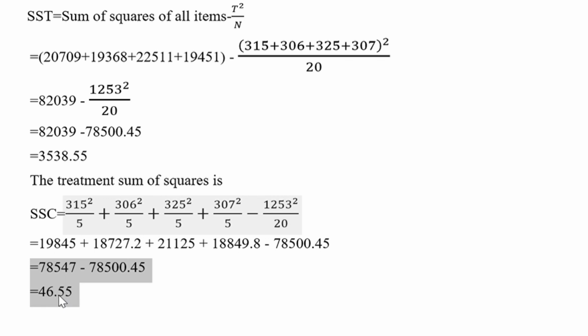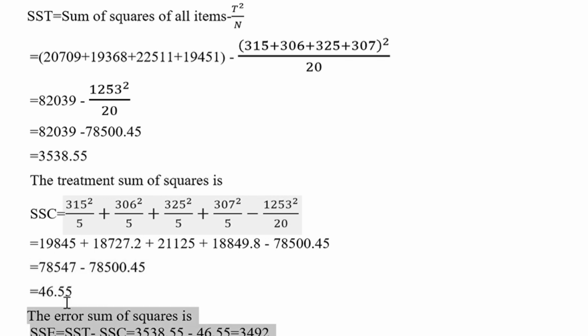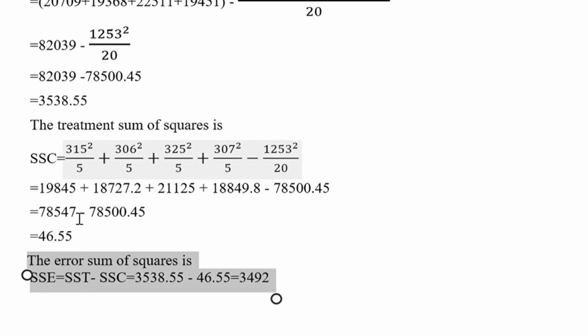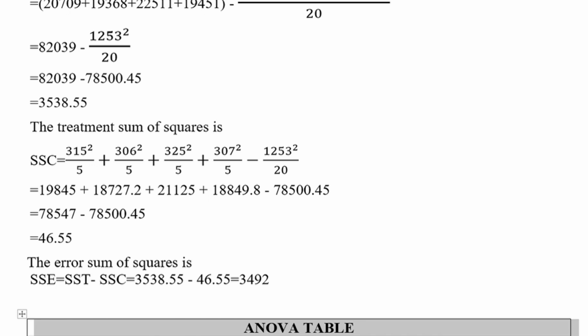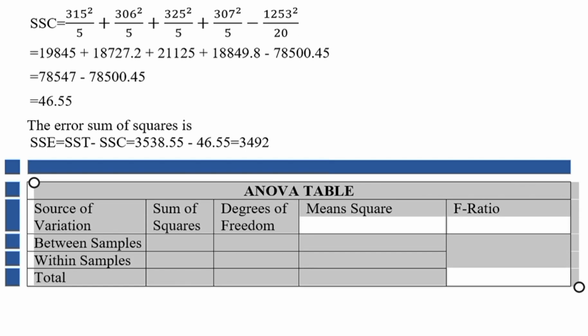Then we need SSE. SSE is found by taking the value of SST minus SSC, which I've done here, and the answer is 3,492. Having finished those calculations, the next thing is to bring our ANOVA table and fill in the figures.